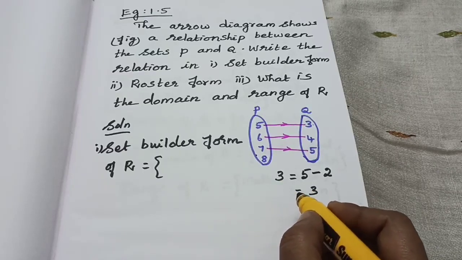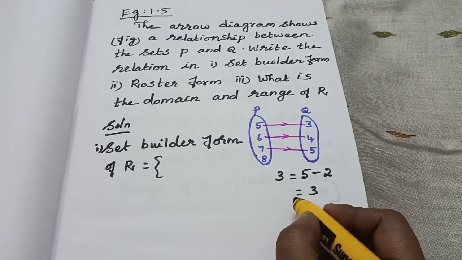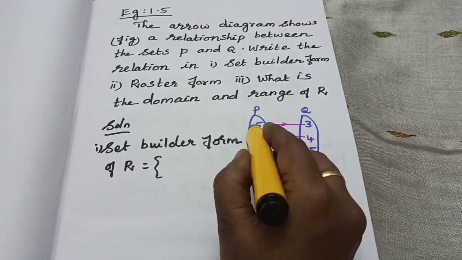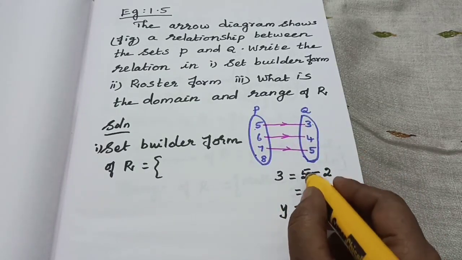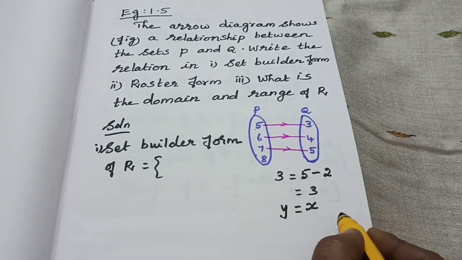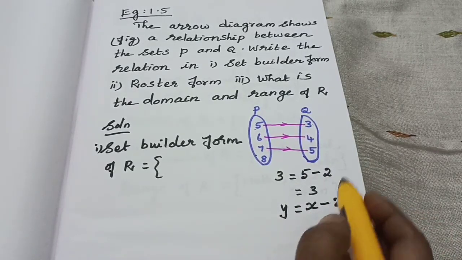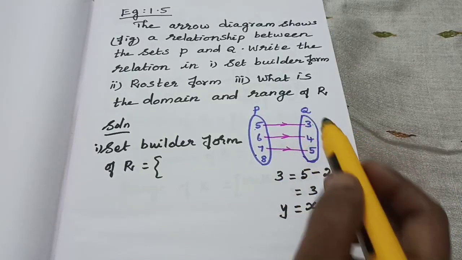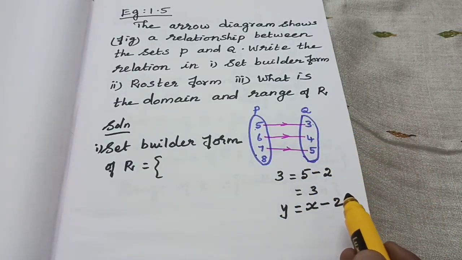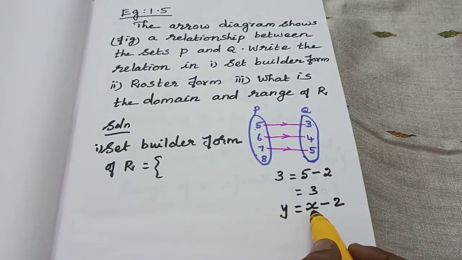Then Y is equal to X. This is the X value, isn't it? Then instead of 5, we have to write X. From there, we subtract 2 and we get this 3. Have you understood? Okay. Y is equal to X minus 2.